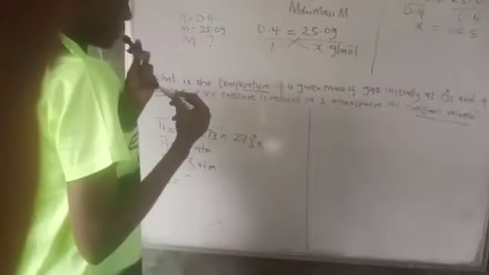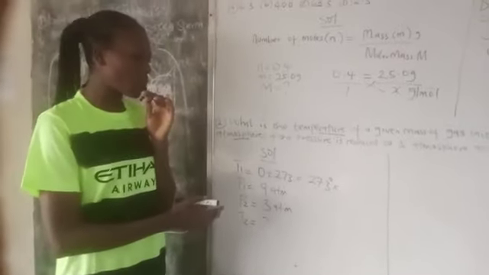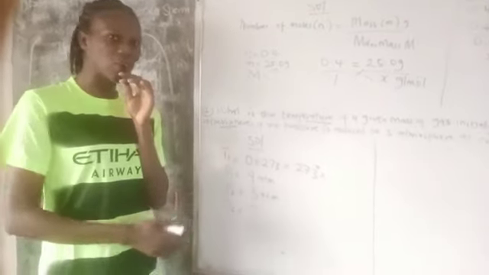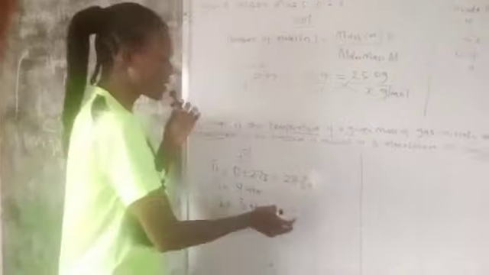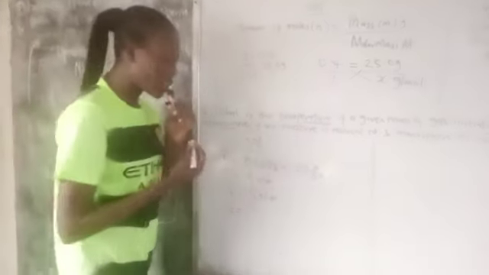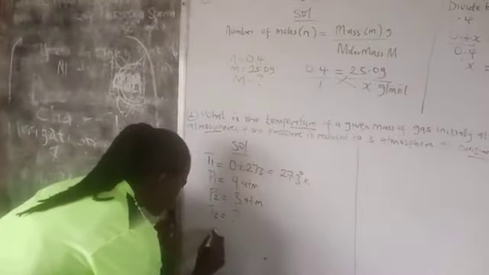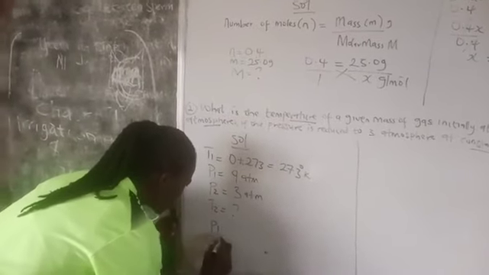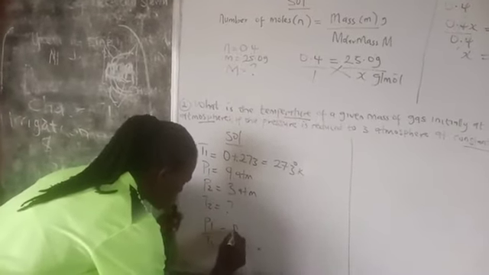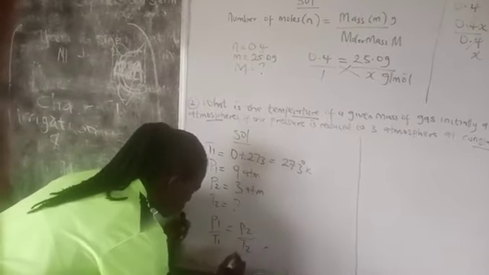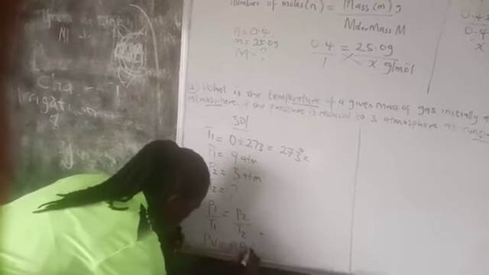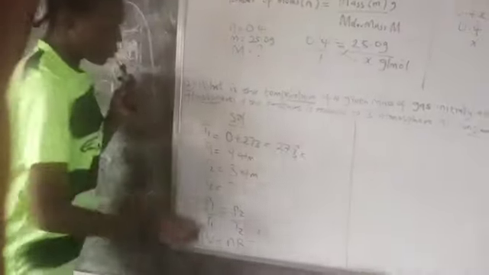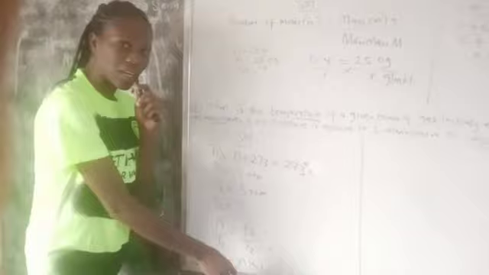Now, if you look very well, the required equation to use here is called the ideal gas equation. We have the general gas equation, but what is required is the ideal gas equation, whereby we can make this P1 over T1 is equal to P2 over T2, knowing that PV is equal to nRT, where R stands as the ideal gas constant.